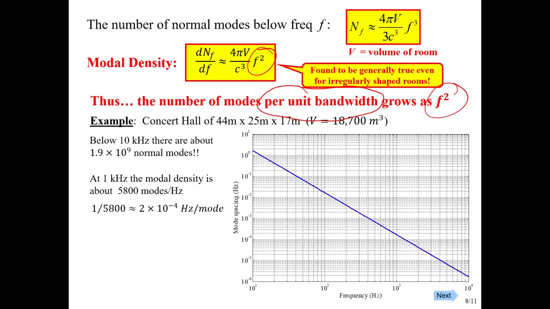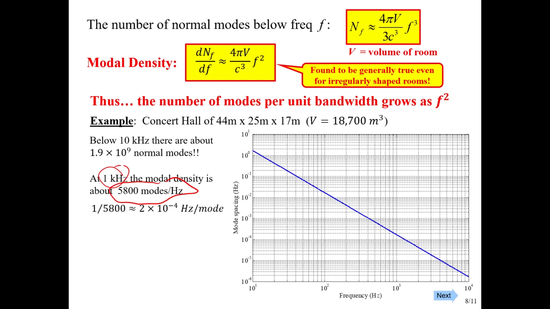So here's a little plot that I made. I just said, let's imagine that we've got a reasonably sized concert hall, so about 19,000 square or cubed meters for that. And if we use this formula, we can say that below 10 kilohertz, there's more than 10 to the 9th normal modes. And if we look at 1 kilohertz, the density of modes around 1 kilohertz is 6,000 modes per hertz.